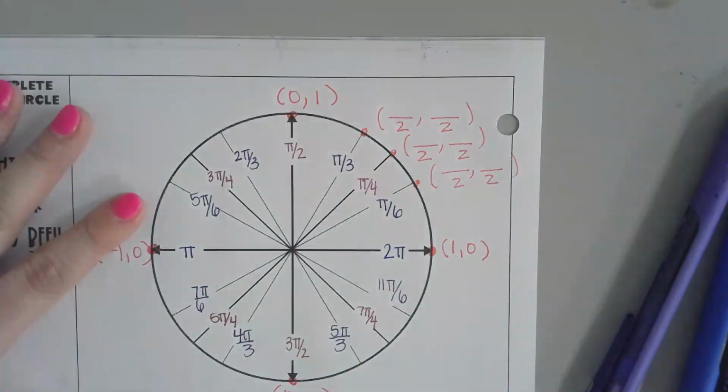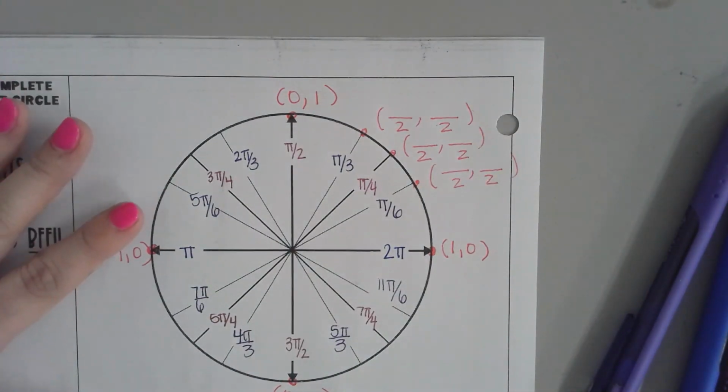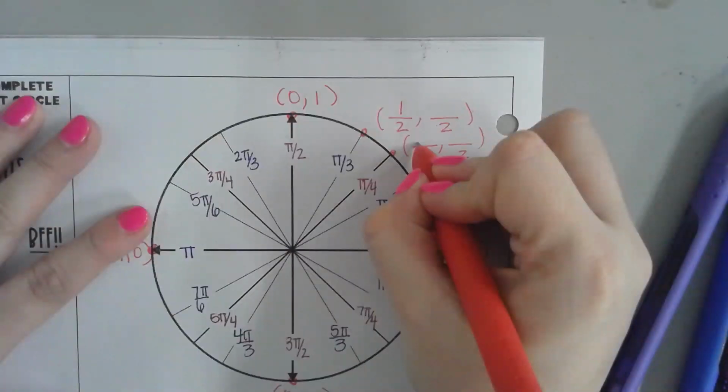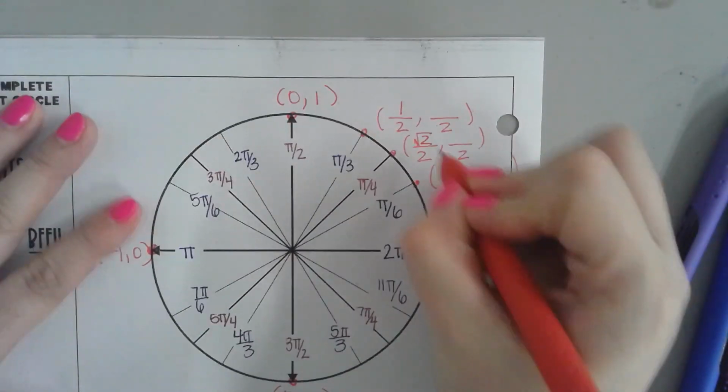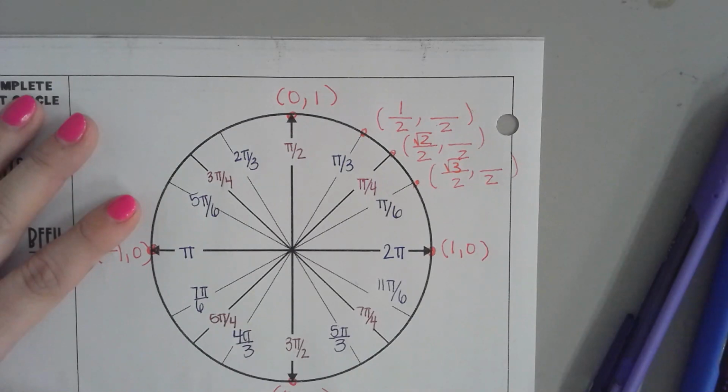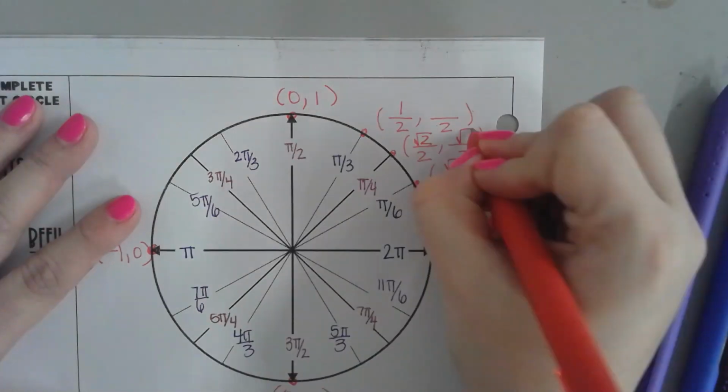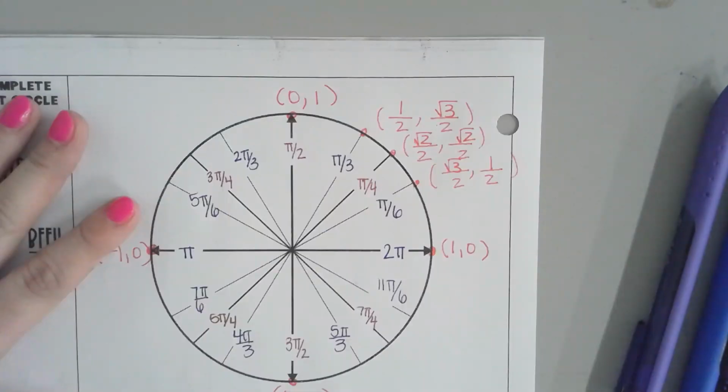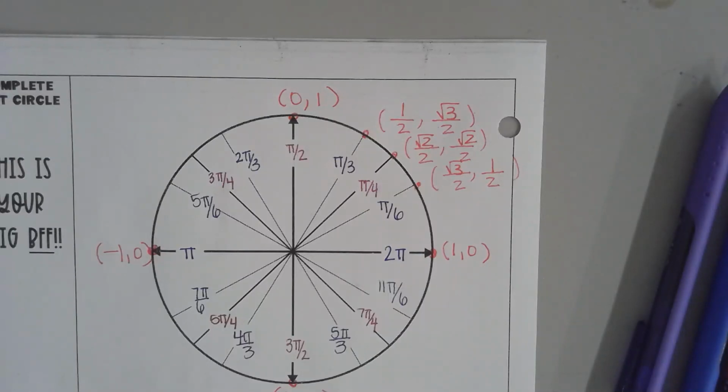1, 2, 3 up. Just make sure the 2 and the 3 have the square root. Square root of, that's what we've worked through so far.